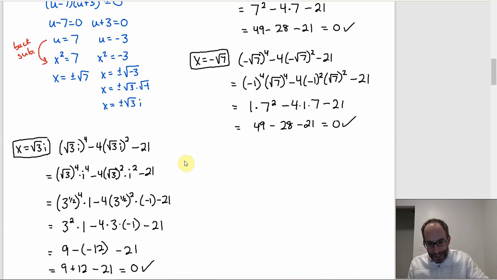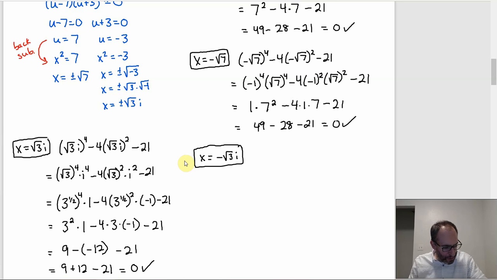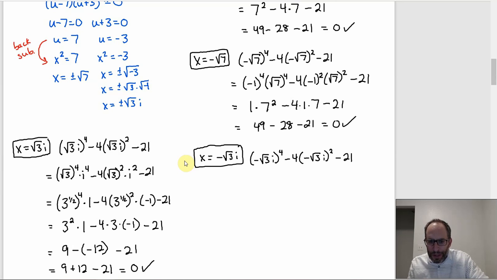And then the last one, so for x equals the negation of the square root of 3 times i. All right, so let's see what happens here. So negative square root of 3 times i to the fourth minus 4 times the negation of the square root of 3 times i squared minus 21.